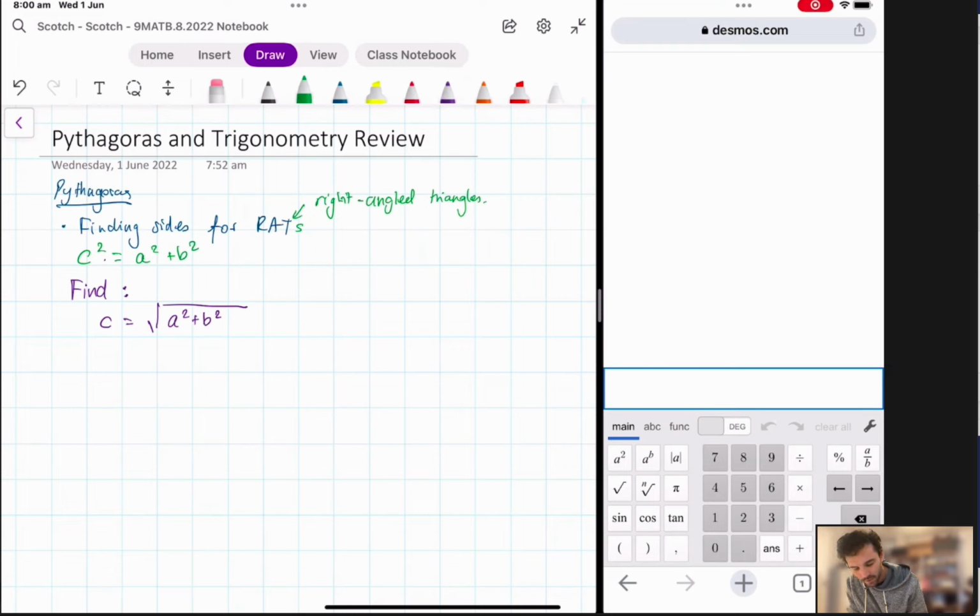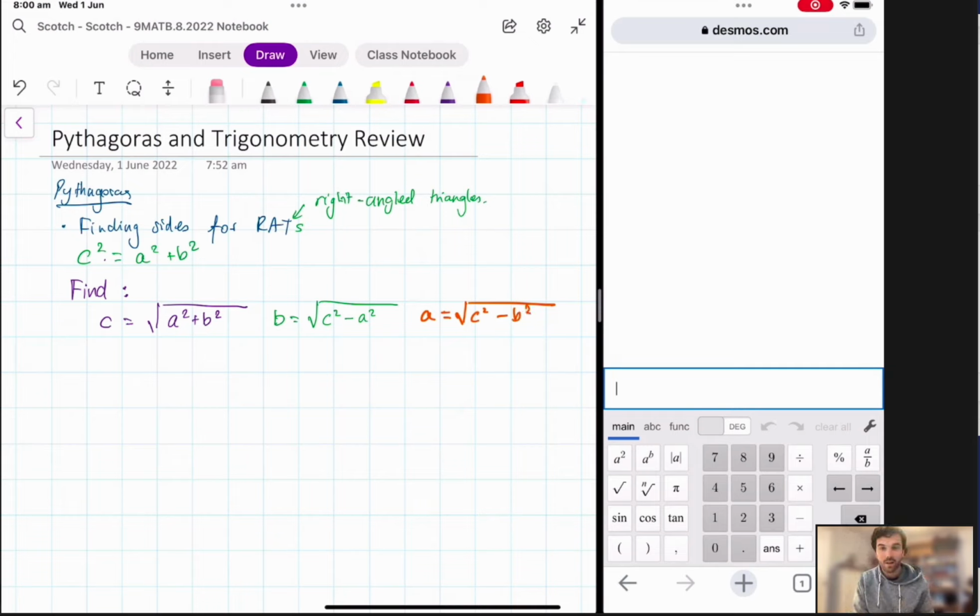If you want to find b, use this rule. And if you want to find a, we use this rule. Now this is very handy for the notes.